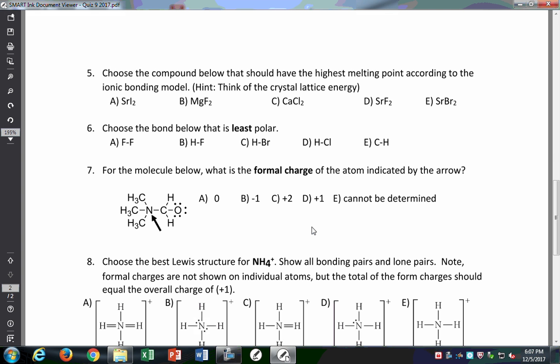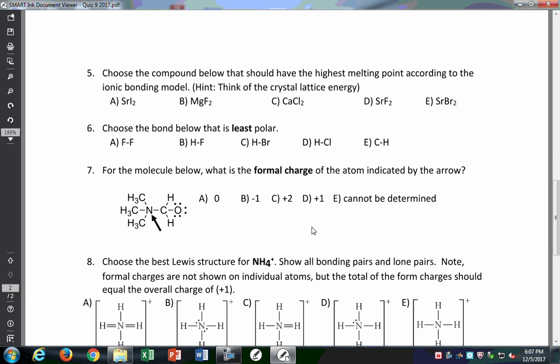So remember, the bigger the charges, the more stable the crystal lattice. But all of these have the metal being +2 and the non-metal being -1. So we're not looking at charges at all because they're all exactly the same. So instead, what we're going to look at is the actual bond lengths. The shorter the bond lengths, the shorter the distance between the, it's not really a bond length, but the shorter the distance between the ions, the more stable the crystal lattice.